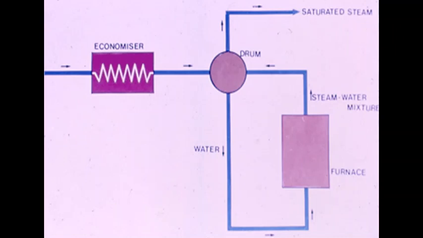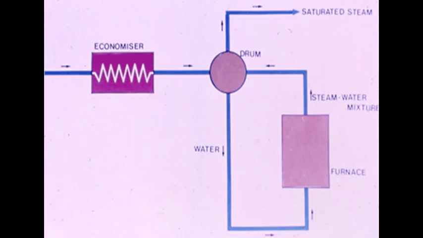In the economizer, actually we are having sensible heat addition. There is no steaming and we raise the temperature of water around 40 to 50 degrees centigrade.